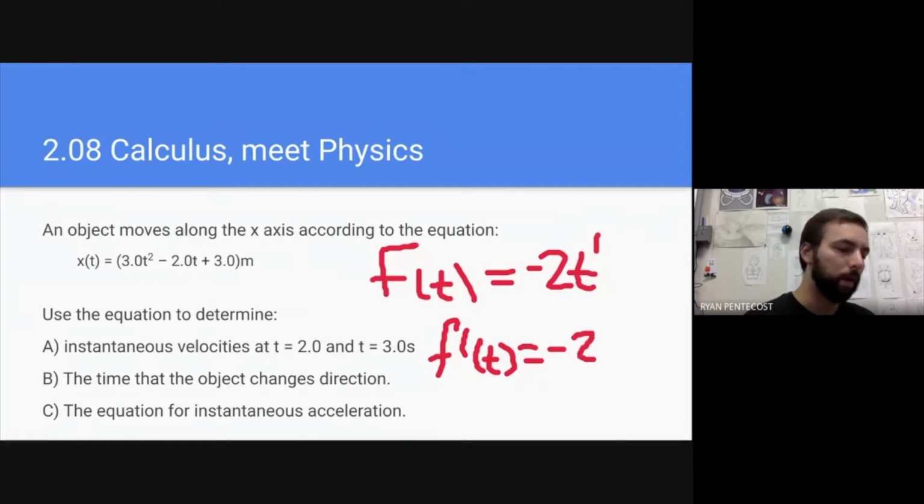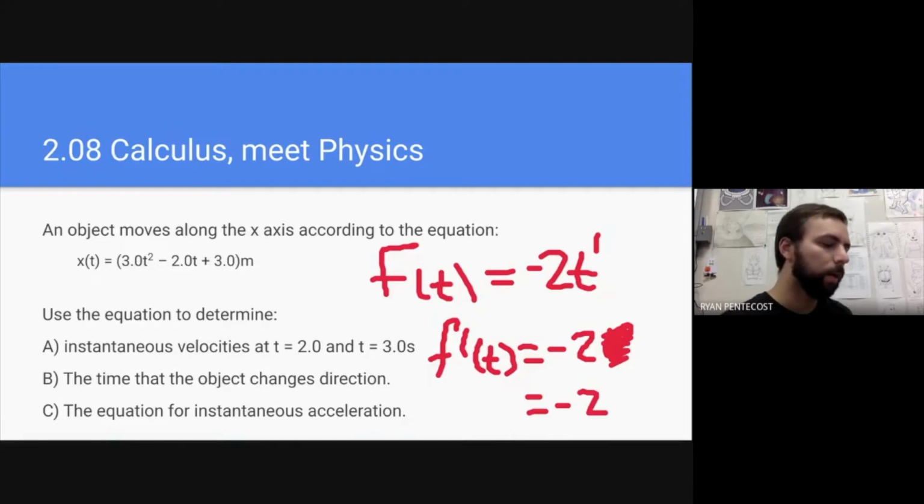And then you decrease your exponent by 1. So that would be t to the 0. And what is anything to the 0 power? That would be 1, which means that you can exclude that, and your derivative would be negative 2. So that is the derivative of negative 2t using the power rule.